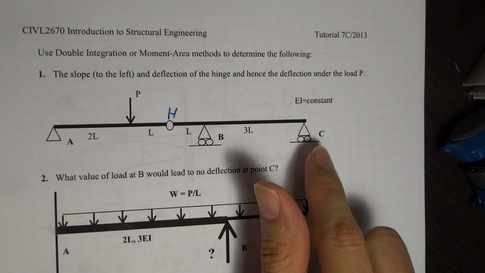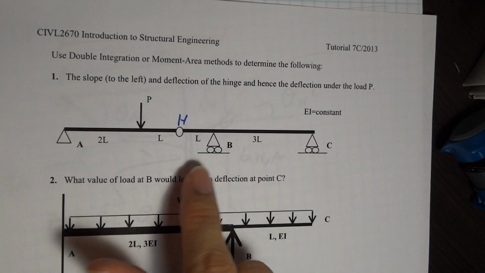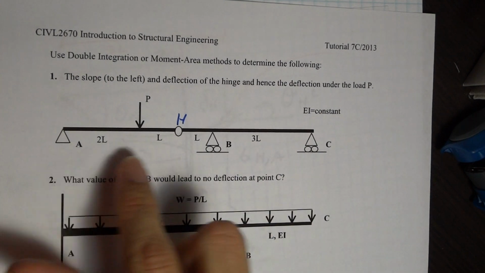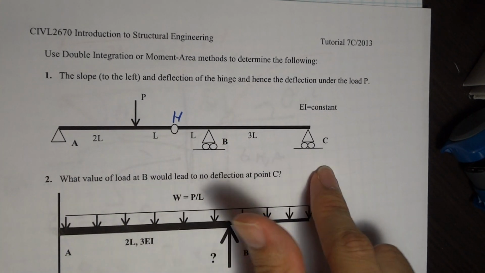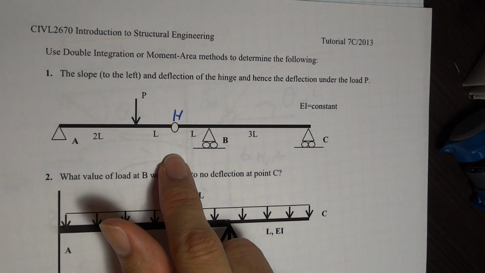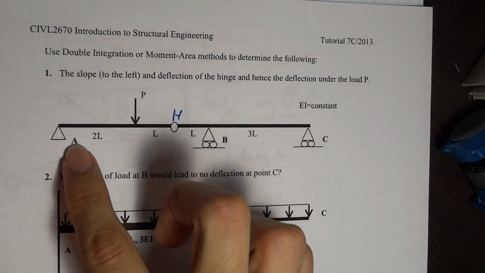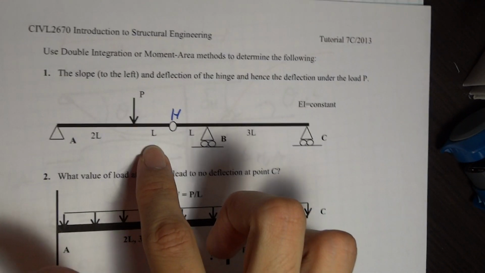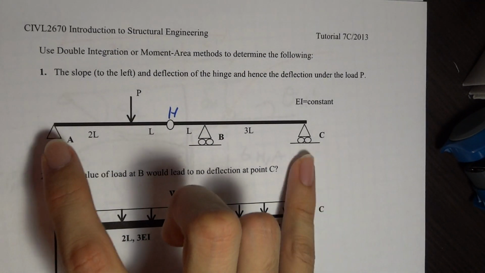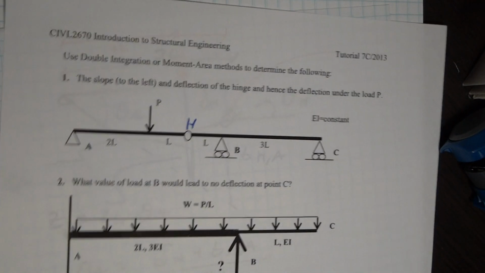Therefore, I can get the angle at one of these points, or both of these points actually. With one of these angles, I can get the deflection at the hinge. With the deflection at the hinge, I can get the angle at A. With the angle at A, I can get the deflection anywhere else in here. Once I know the two rotations, theta A and theta C, I can get the deflections pretty much anywhere.